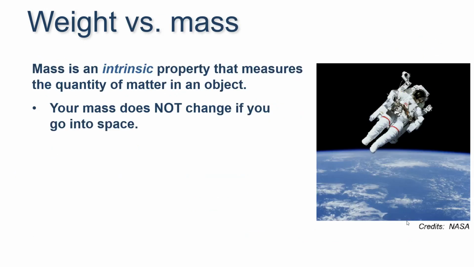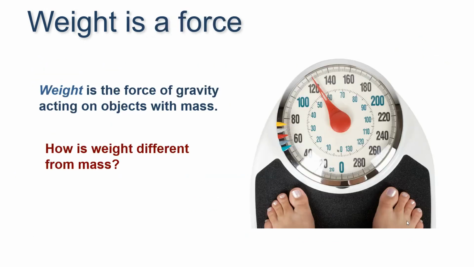How is weight different than mass? So when you sit on a scale, or stand on a scale, I should say, it's actually measuring how much the earth is pulling on your body, on the mass of your body. It's not really your mass.